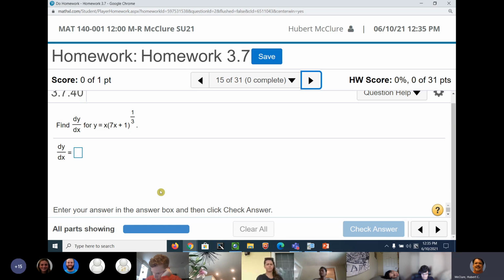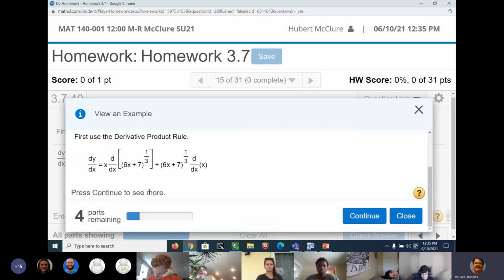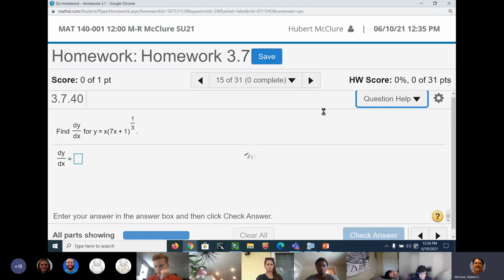So go ahead and work that one out. This chain rule. I don't think they want to do it by nested. Let me check right quick. Yeah, they are. First times the derivative of the second plus the second times the derivative of the first. They are doing it that way. Okay. So go right ahead and do it with the product rule.